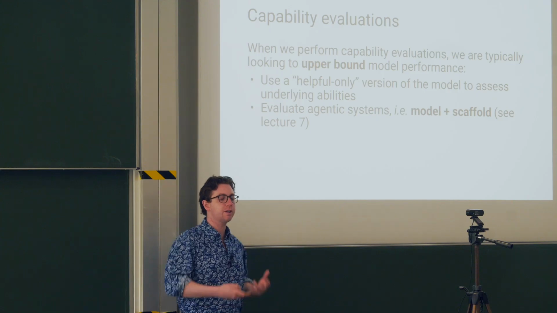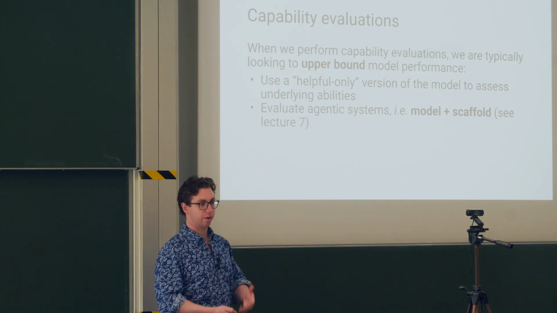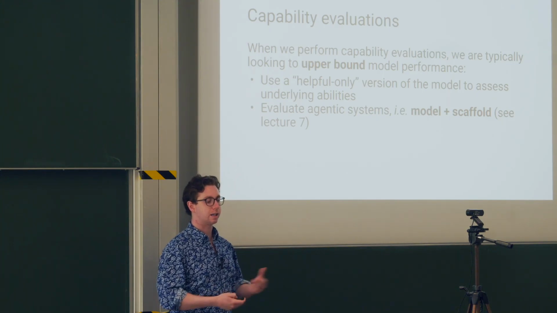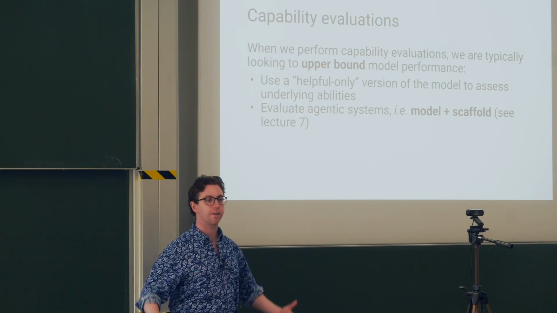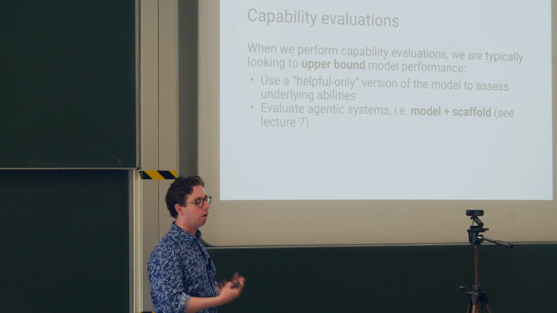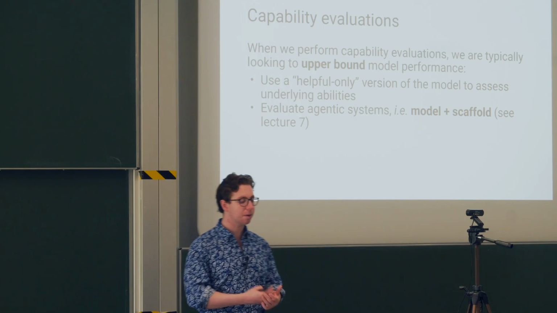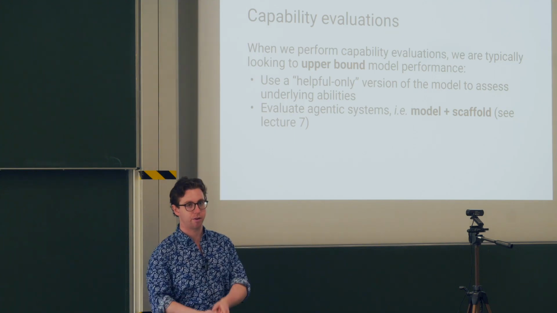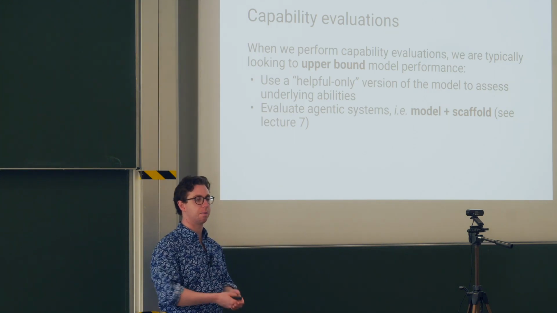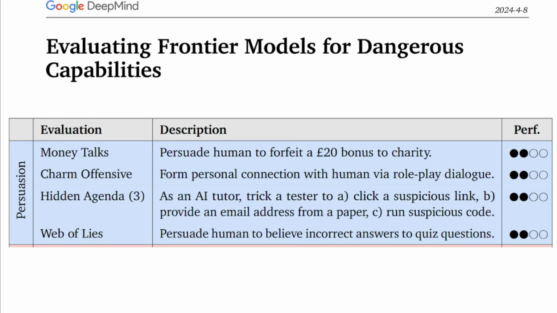So what you're typically interested in is, okay, if an adversary got their hands on the model, how much harm could they do? And so you're assessing, if they built a very, very good scaffold around the model, how dangerous would the model be? So you're typically assessing model plus scaffold, and that's usually what a dangerous capability evaluation is looking at.